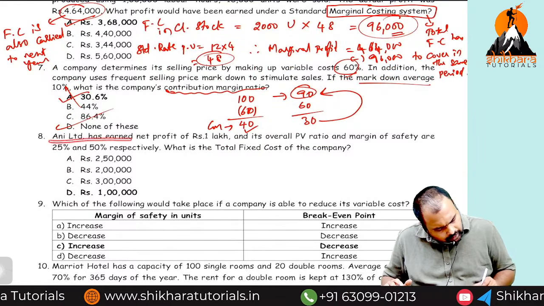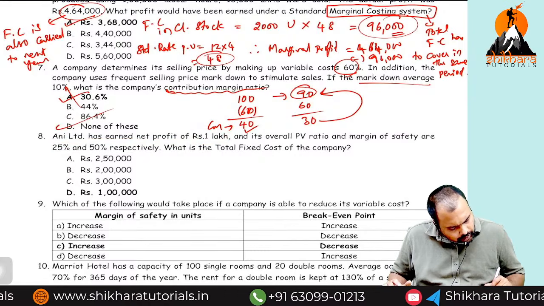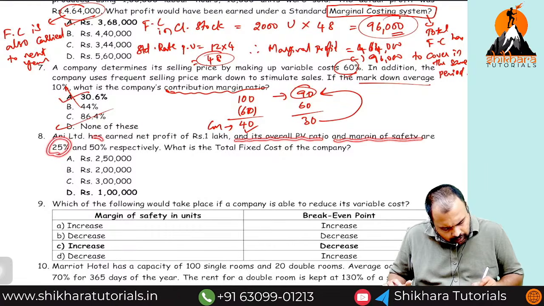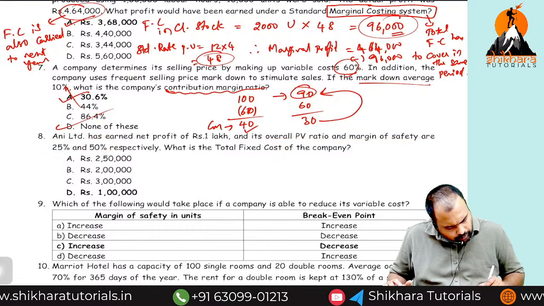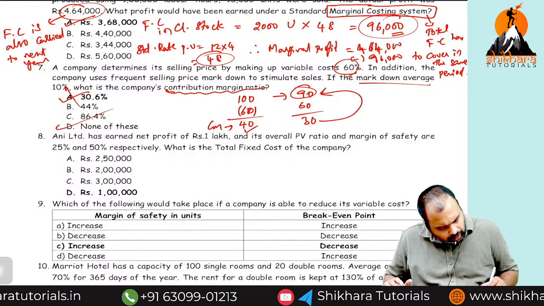Ani Limited has earned a net profit of 1 lakh, and its overall PV ratio and margin of safety were 25% and 50% respectively. What is the total fixed cost of the company? Sir, profit is 1 lakh.